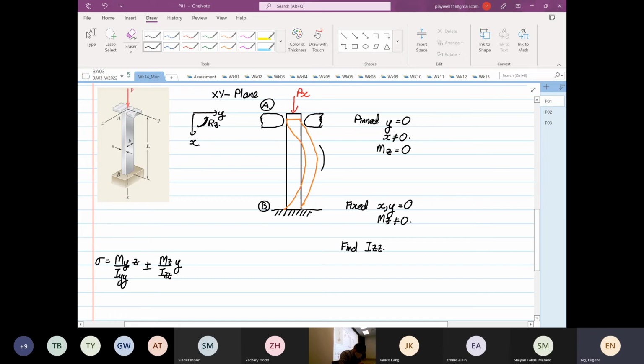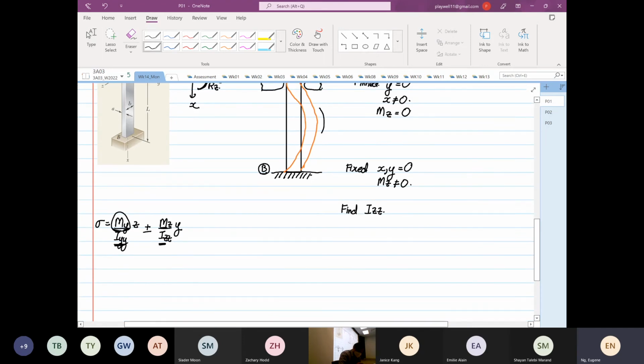So when the moment is in y, we divide by IYY. When the moment is z, we divide by IZZ. So if you look at the deformation, the smiling face or the sad face is about the y-axis. Likewise, the smiling face or sad face is about the z-axis.